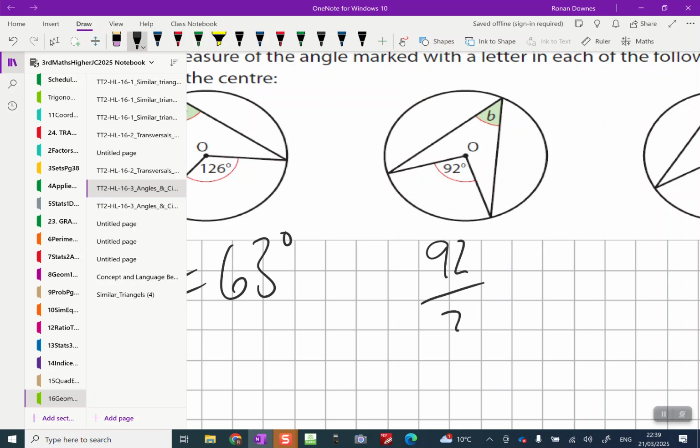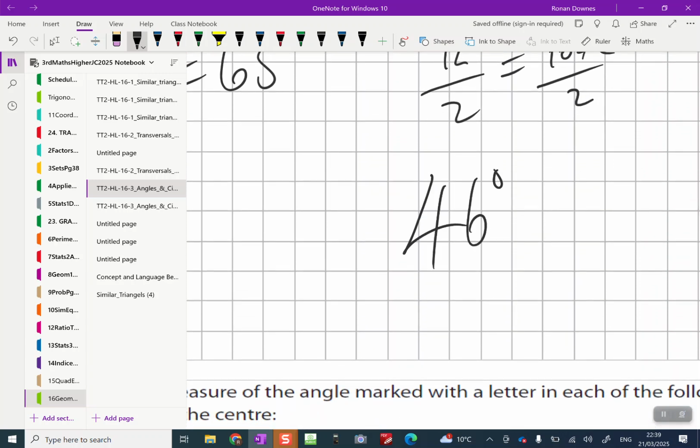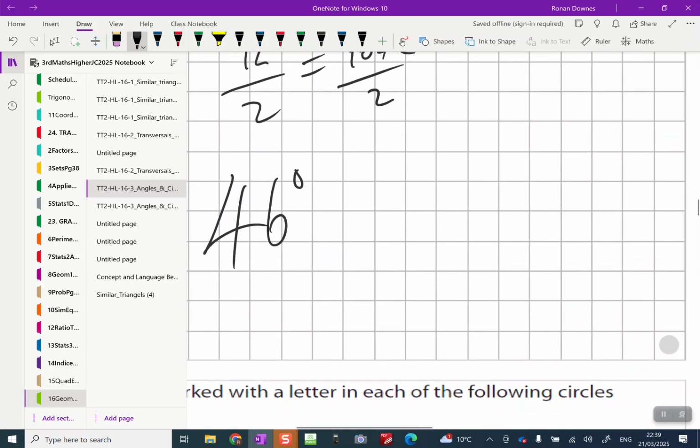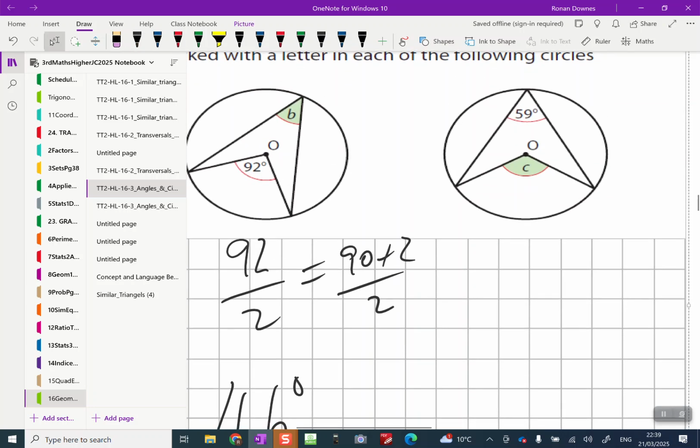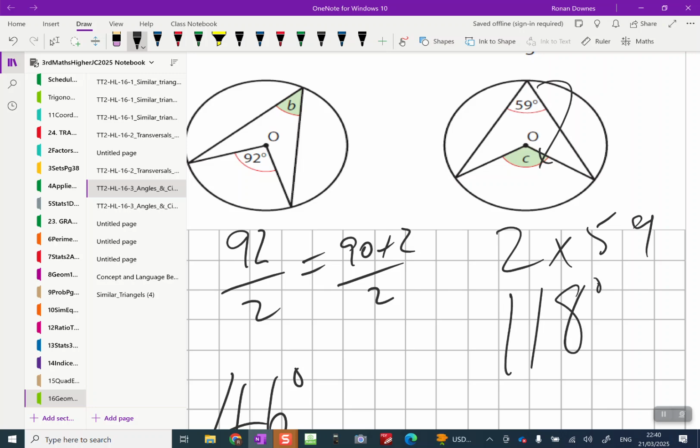It's 45 and 1, it's 46 degrees. And we're doing the other way around now. We're doubling 59 degrees, 2 by 59, 2 by 50 is 100, 2 by 9 is 18, 118 degrees for C. Great, on to question 9.